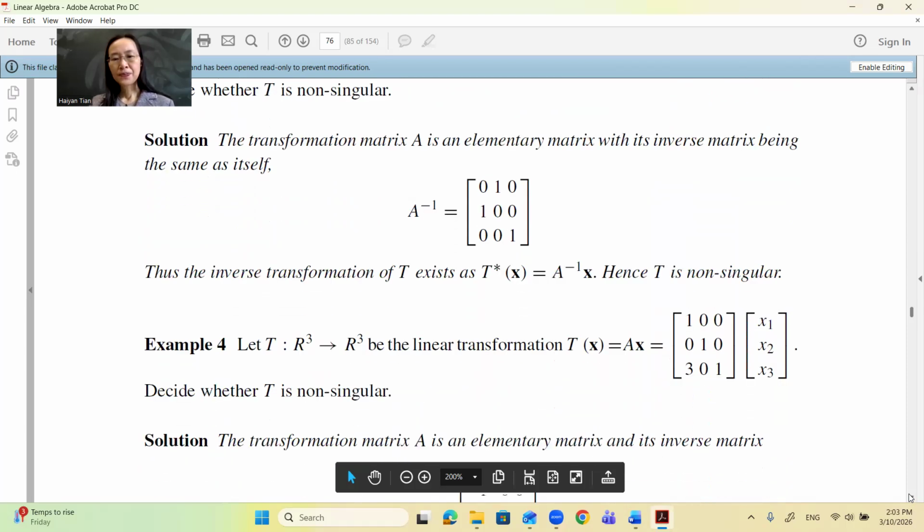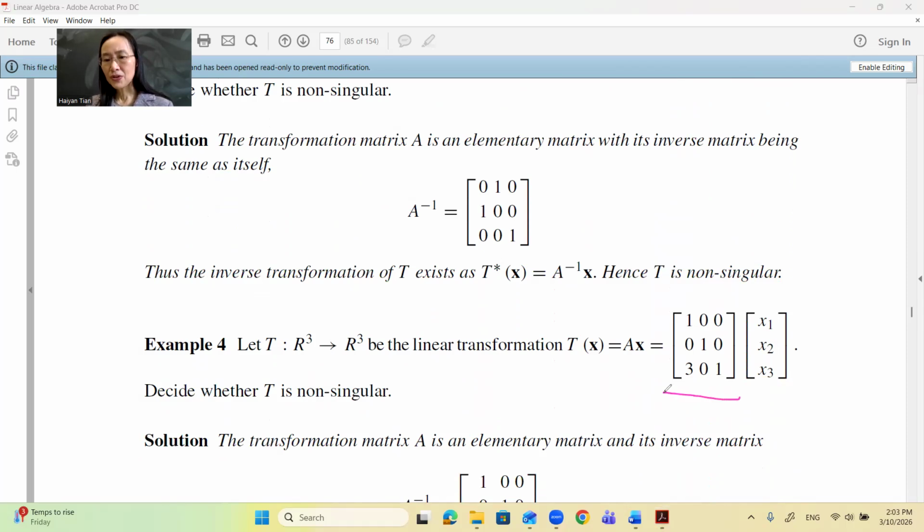Here's another one. This one, immediately we see this is also an elementary matrix. It's just from the identity matrix, right? We see by replacement of the third row. We know actually each elementary matrix has an inverse.